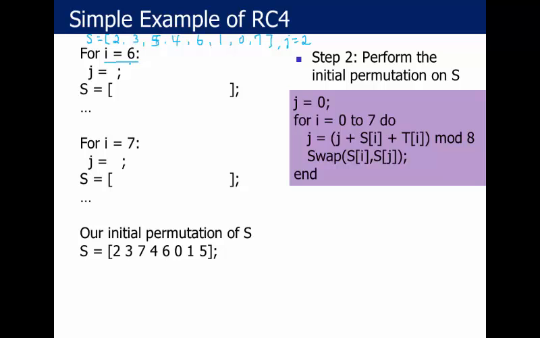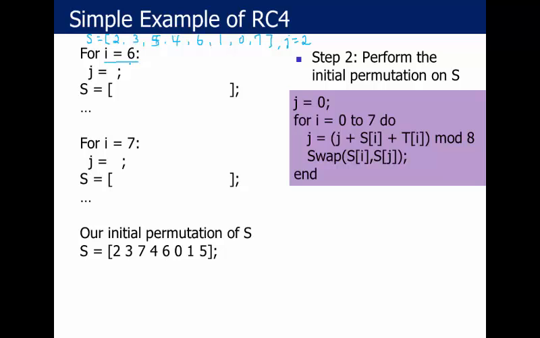Yeah, S is initialized from 0 to whatever the number. If you have 256, then it's 0 to 255. Initially it's 0 to 255, but it is swapped all the time, so that finally you have a different sequence of S. Right now you have only 8 numbers, but with a longer one you have 256 numbers.